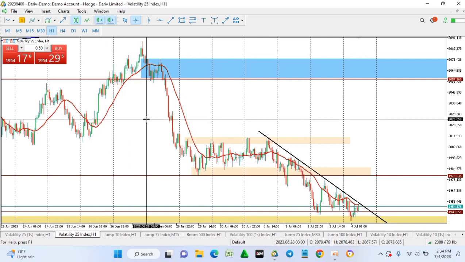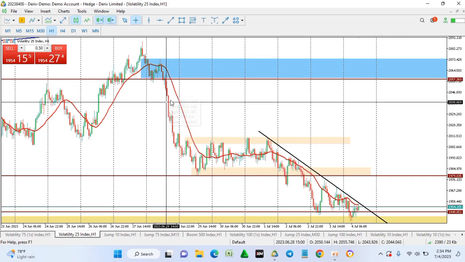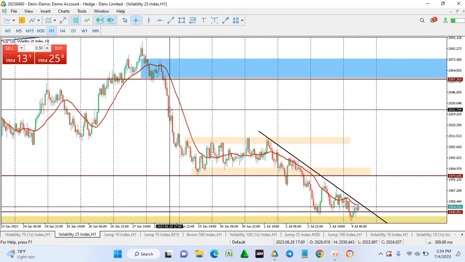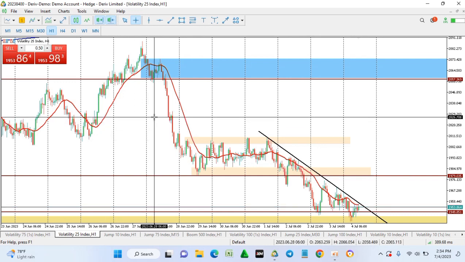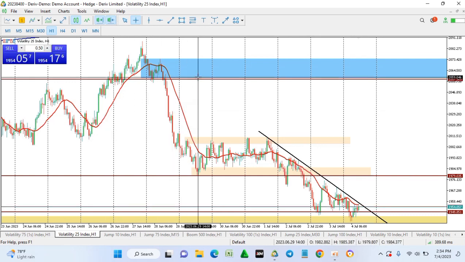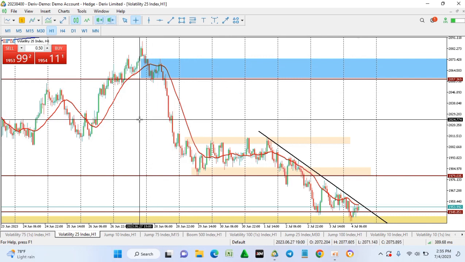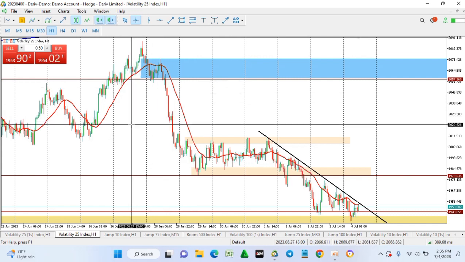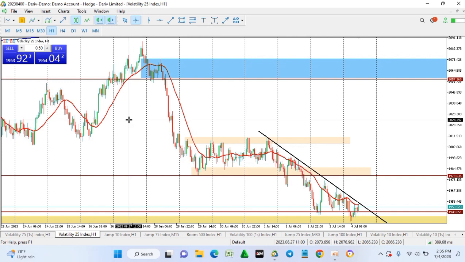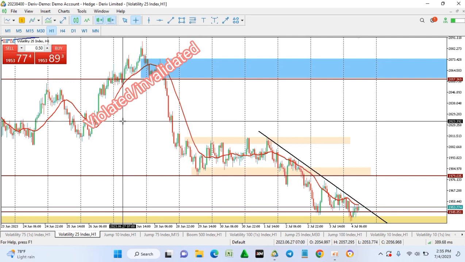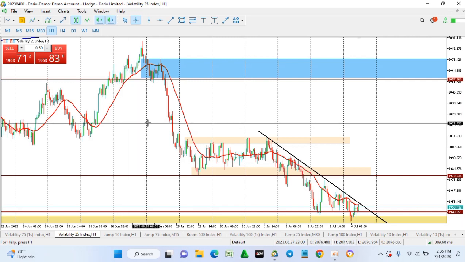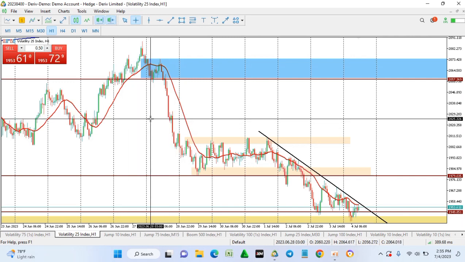So we expect price to come back and continue rolling up, but when it is violated, especially when it closes below or past 50% of that order block, it is considered to be violated, okay? So when it is violated, you can expect price to continue moving lower.